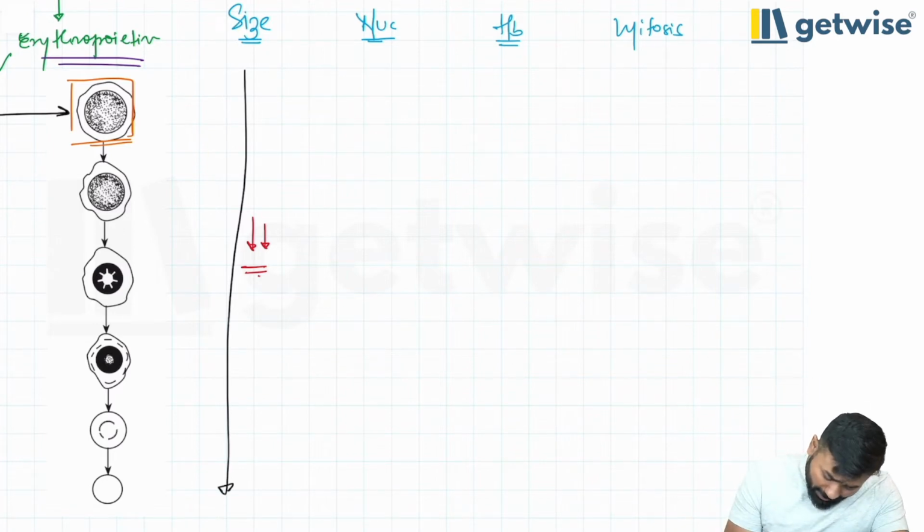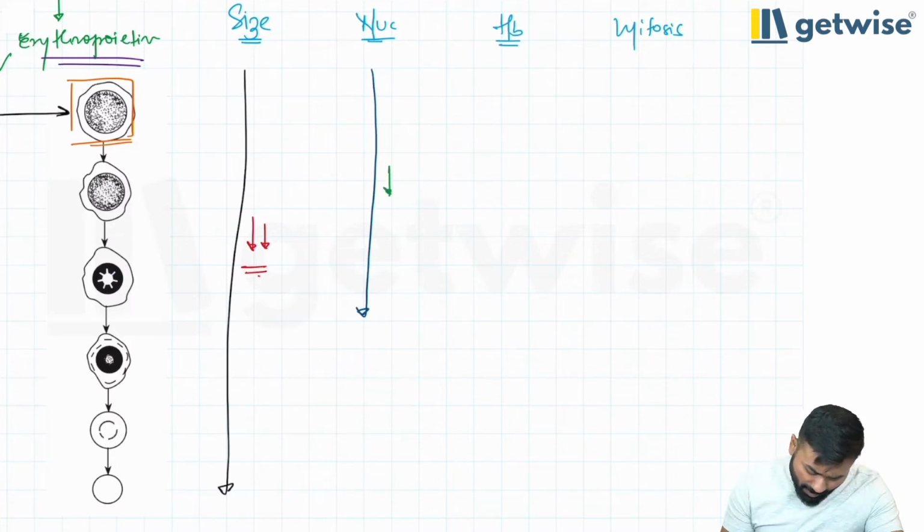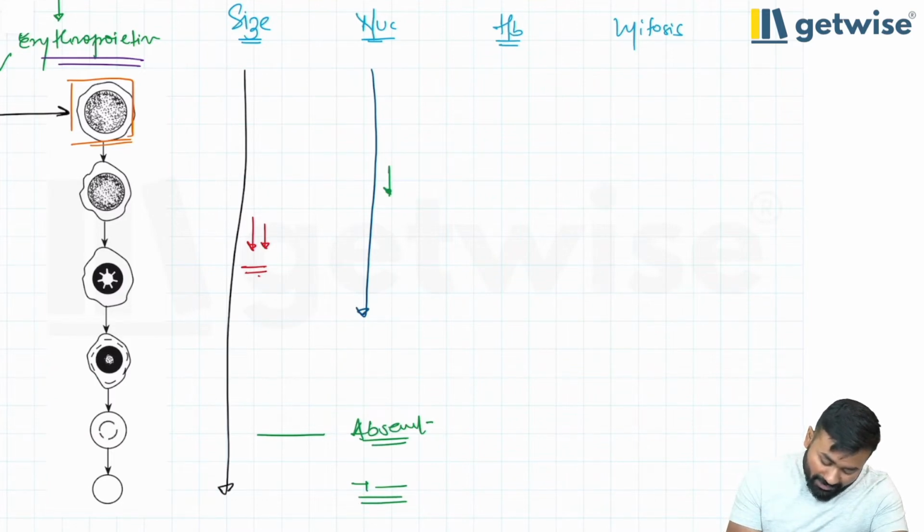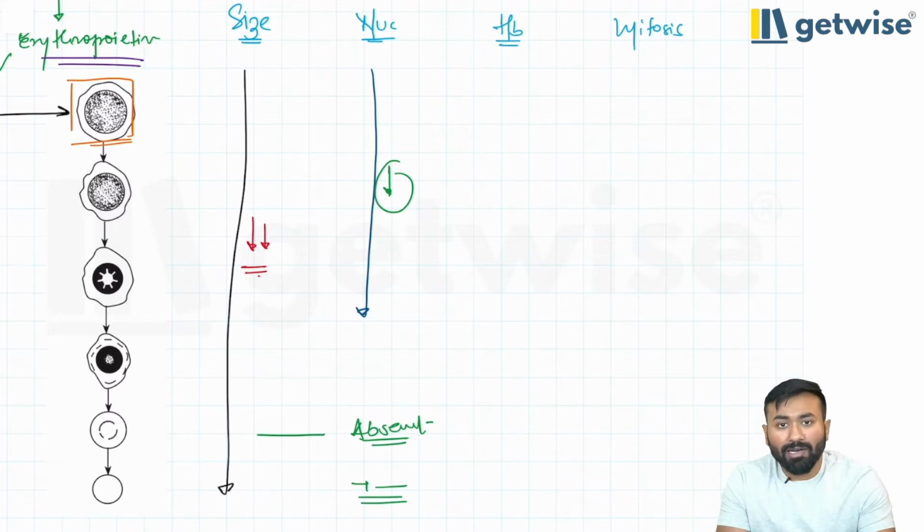The size of the nucleus gradually decreases, but it is absent in the reticulocyte stage. It is absent in the erythrocyte or RBC stage as well. So there is a decrease in the size of the nucleus till late normoblast, but it is absent in reticulocyte.